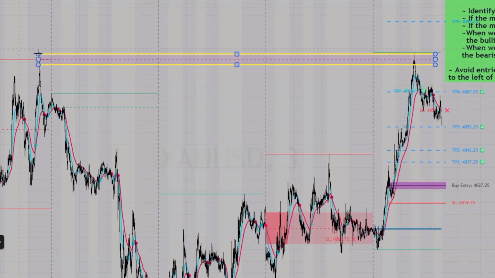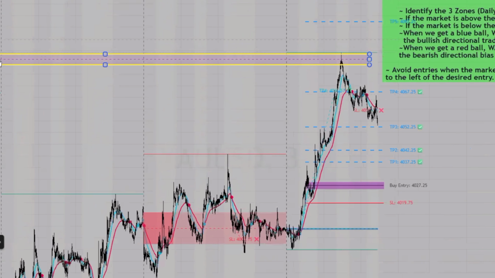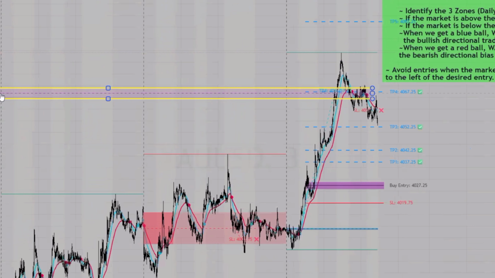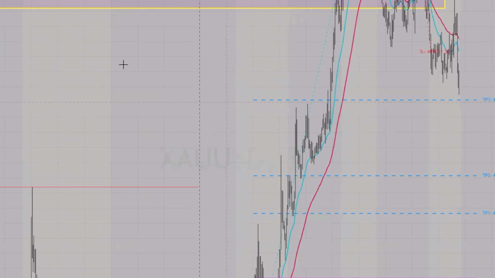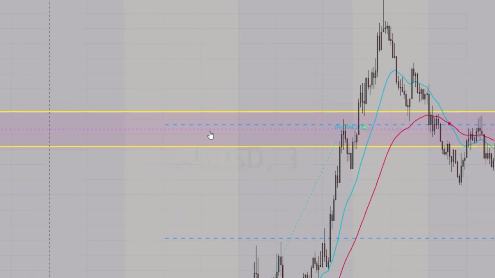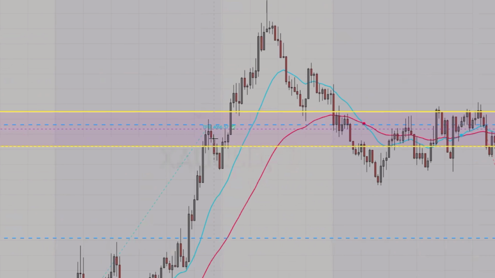Right? So this is why drawing out these zones is so crucial, because when you do draw them out, let's say I drew out this one from Thursday and I saw how the market came up to it. And I saw that, hey, the market got a slight rejection off of it, and I maybe took a sell right here. And then let's say the market did not break the support area and I prematurely entered into my sell, right?